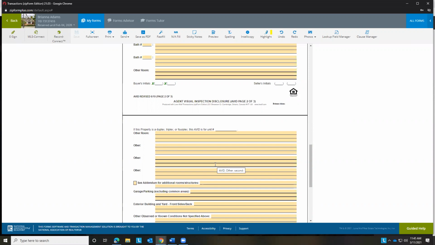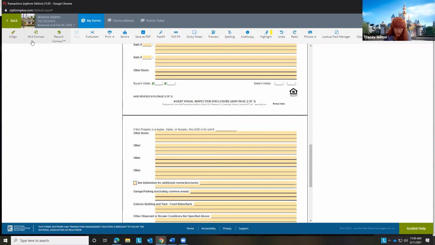What saved both the agents in that case is both of them noticed that there was a strong smell on the property. So if there is a smell and you notice it, put it on your AVID. It's not just what you can see, it's what you can see, what you can hear, what you can smell.